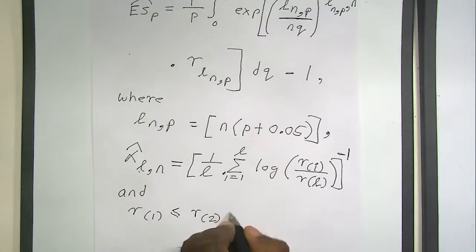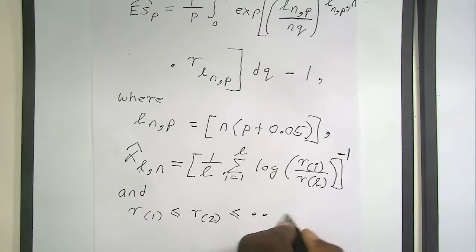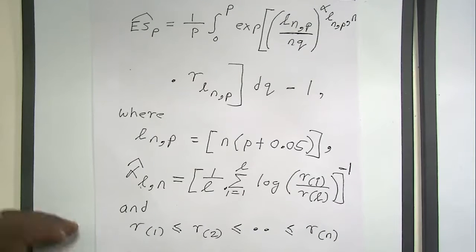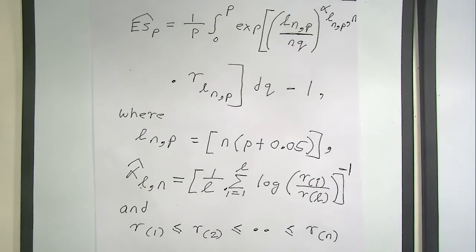In other words, R1 is the smallest return and Rn is the largest return. I don't know whether you can see the whole thing or not, but it is complicated.